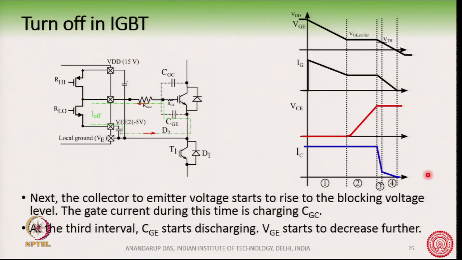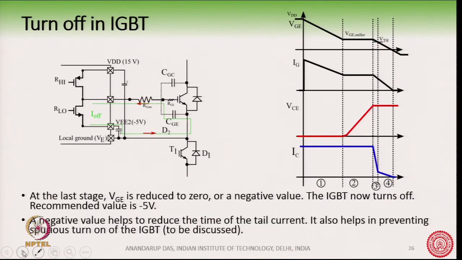And at the third interval the CGE starts decreasing, that is this CGE capacitor is starting to decrease, and then ultimately at the fourth stage this voltage VGE goes to minus 5 volt and the IGBT will turn off fully.